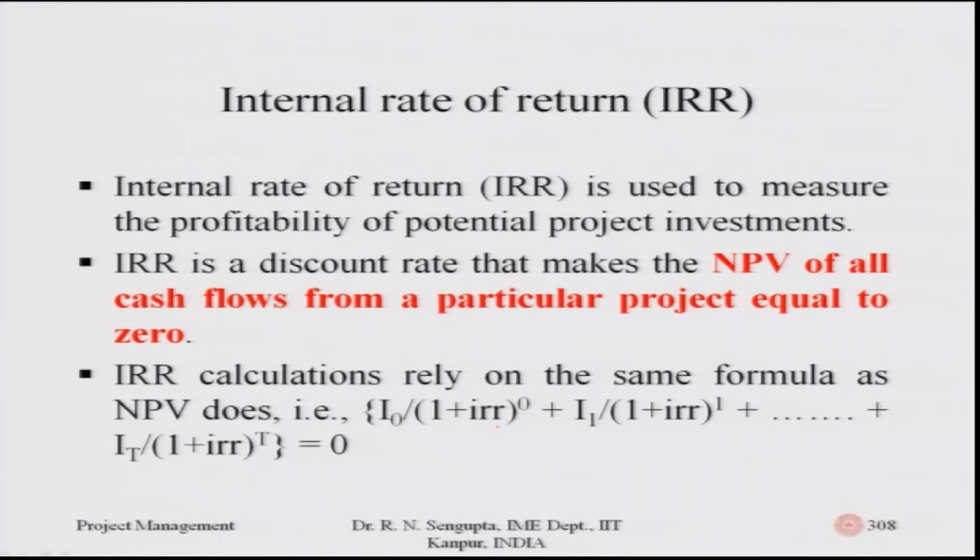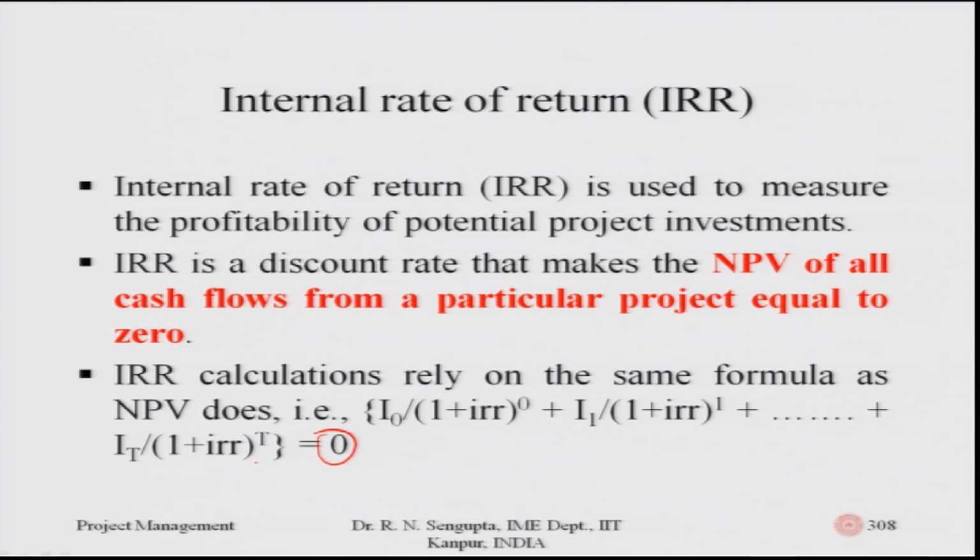So, obviously, if you see in the 307th slide on the left hand side, on both the equations, it was net present value suffix t is equal to 0, that is as of today. So, that value becomes 0 as pointed out here, and IRR is the interest rate. So, what I have is I 0 is the so called investment at time t is equal to 0 divided by 1 plus IRR to the power 0, because the time frame is 0.